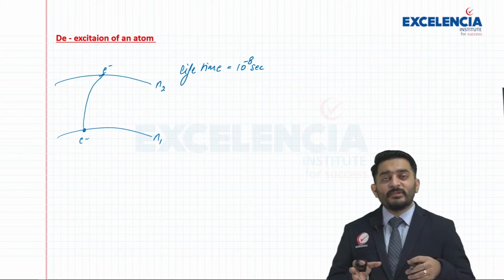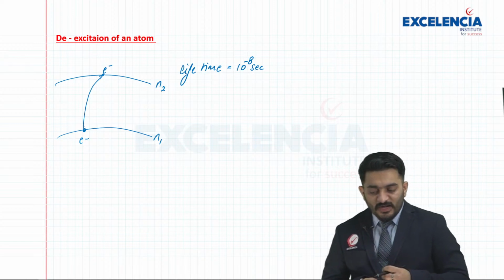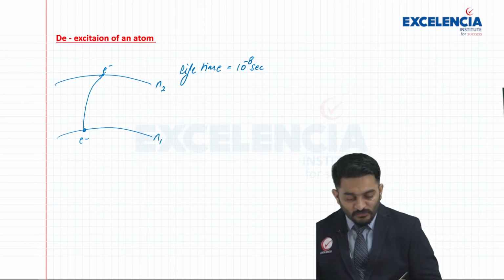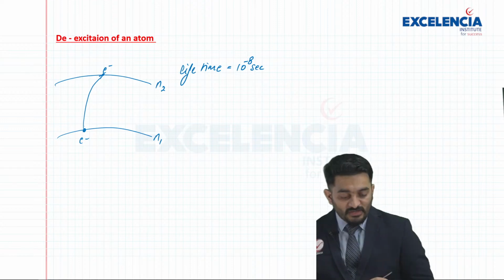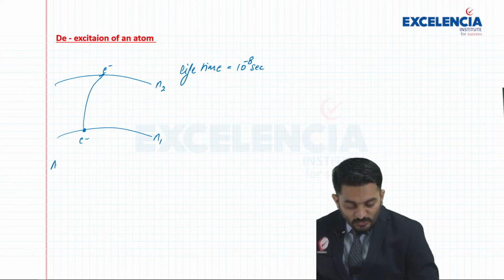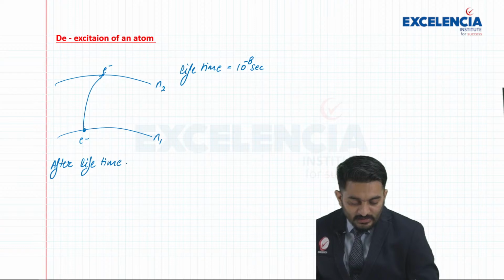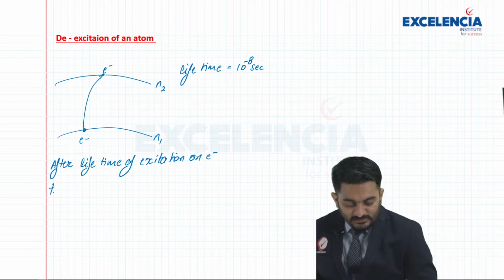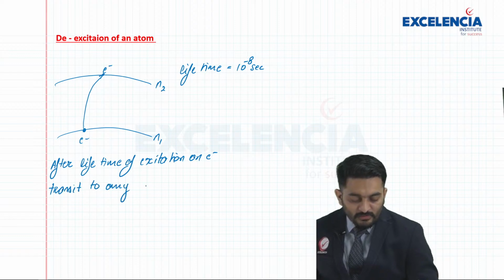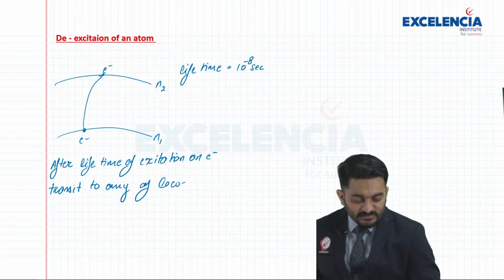But if the option is available, definitely it is going to come back, and in that process it is going to release some kind of energy, photon energy, for which we have seen the formula for how we can calculate the wavelength. So you people have to remember that after the lifetime of excitation, I have already written the value, after the lifetime of excitation, an electron transits to any of the lower energy levels.